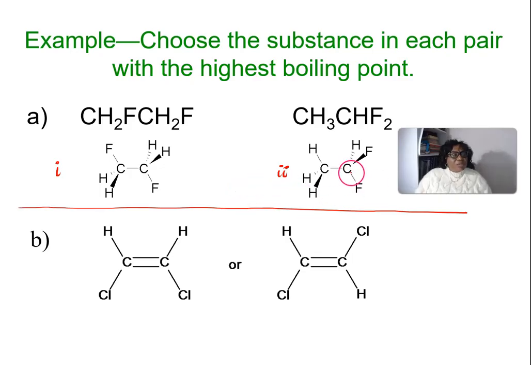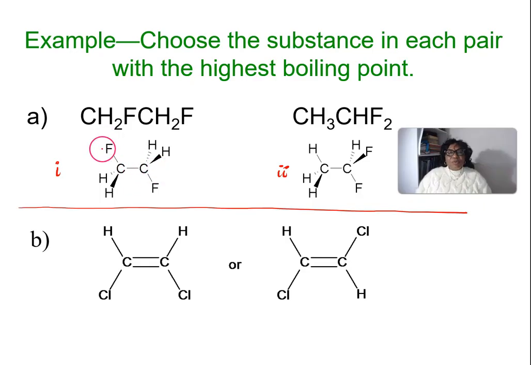Please, I want you to look at this carbon. Look at fluorine. This carbon here has the two fluorine atoms on the side, and this one doesn't have it. And fluorine is the most electronegative element. So this is more polar than this.